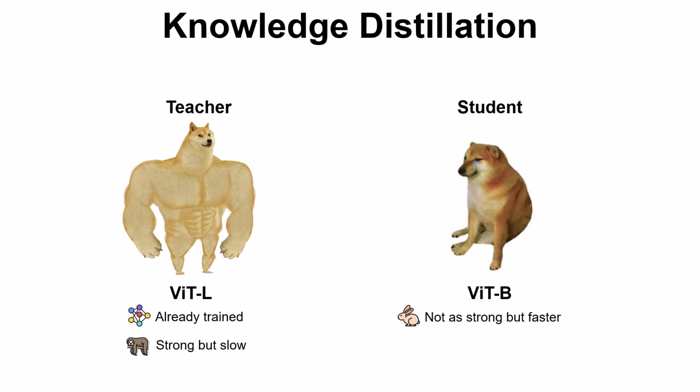So the whole point of knowledge distillation is: when we want to train the student, can we do something and transfer some knowledge from the teacher to the student? But we have to do it in a way that doesn't add any parameters to the student, and we have to keep it as fast as it is right now. So how can we do it?